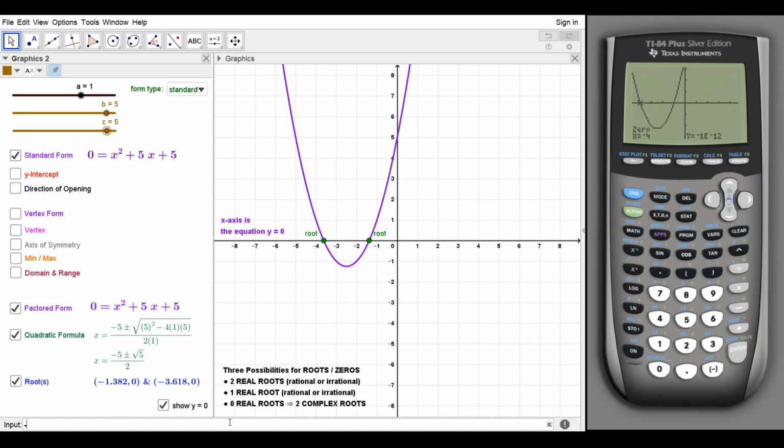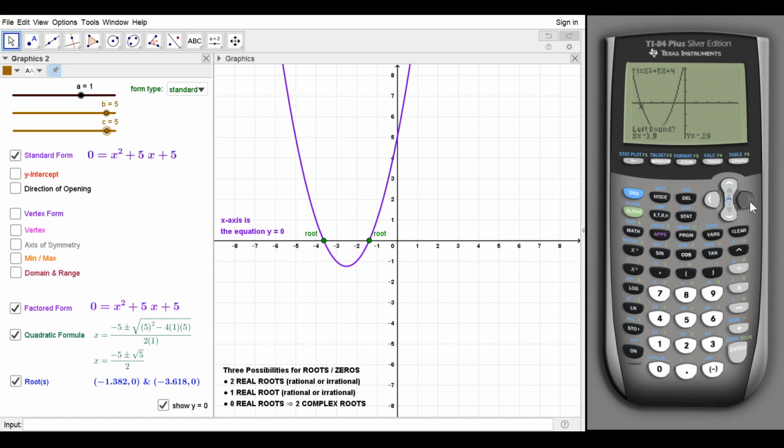So technically, I'm going to put this down here in the input. If you look down here, that number is 10 to the 1st, 2nd, 3rd, 4th, 5th, 6th, 7th, 8th, 9th, 10th, 11th, 12th. You know what? That's pretty much a 0 to me. So, yep, the coordinates are (-4, 0). I'm going to do this again, and I can find the second root by going second trace and hitting 0.